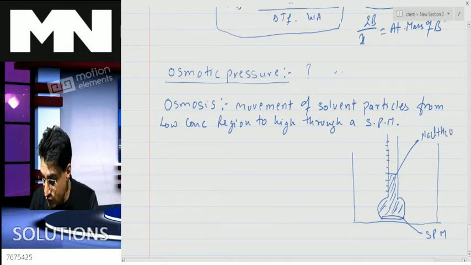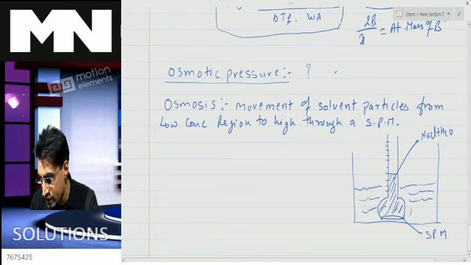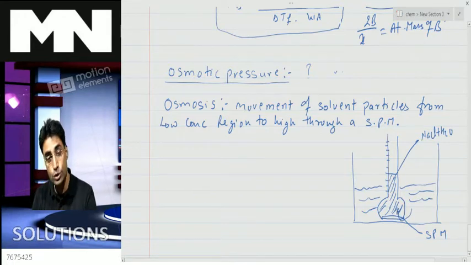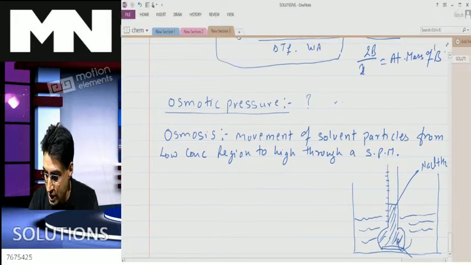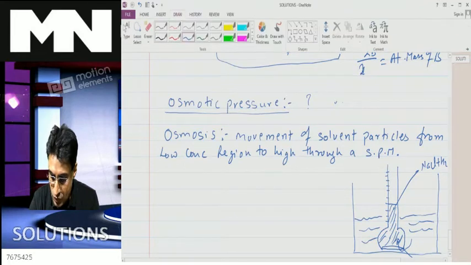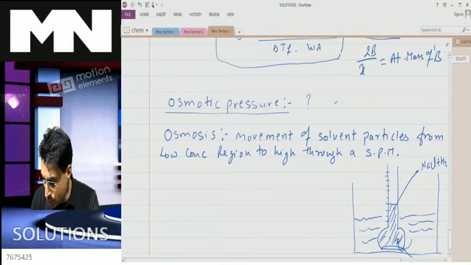Outside this funnel, I have got pure solvent, that is water. So what will happen? This water will start moving inside the solution. I'll show it with a different color. The solvent particles will start moving inside the solution.